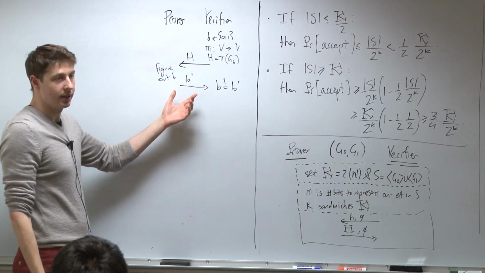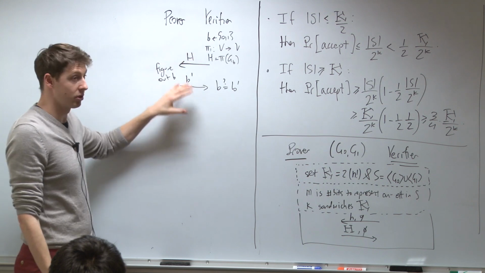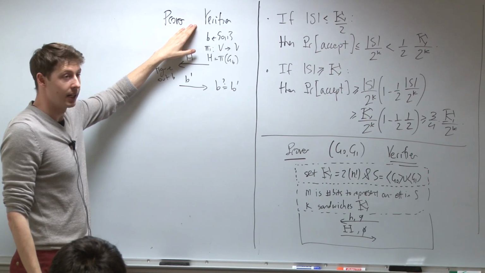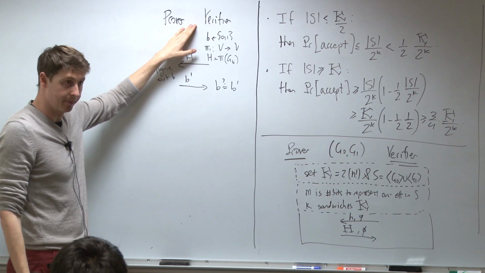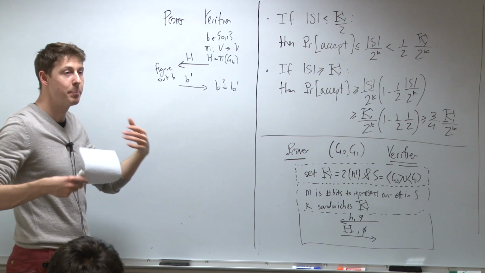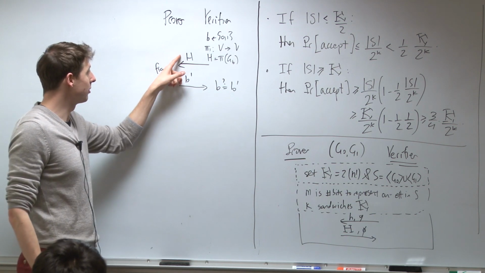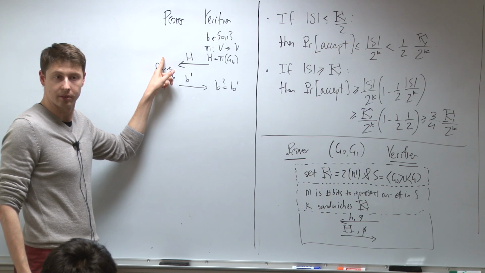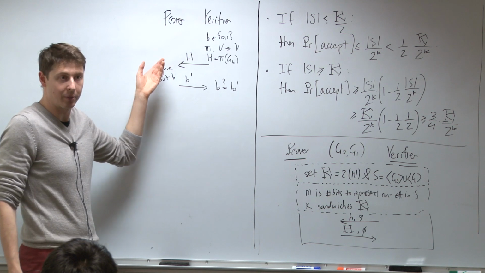See what happens in the completeness and soundness of this original protocol. If the two graphs are not isomorphic, that means that there are many, many possible verifier messages that the prover can answer, because it can always figure out the answer.